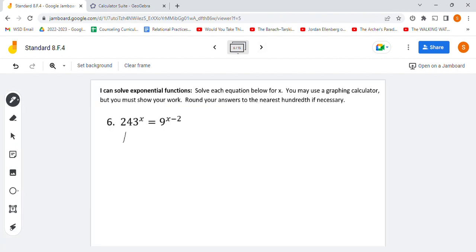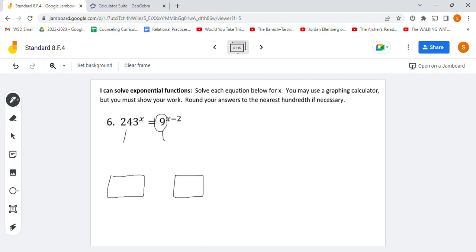Next, we see that these two bases are not the same. So our goal is to break this down, get the 243 and the 9 to have the same base. And we are going to use rules of exponents after that to try and simplify this. 243 doesn't work nicely with a base of 9, so we can't break it down that way.